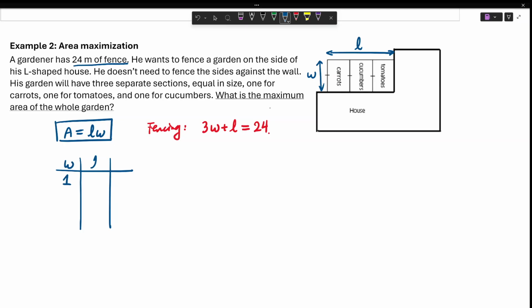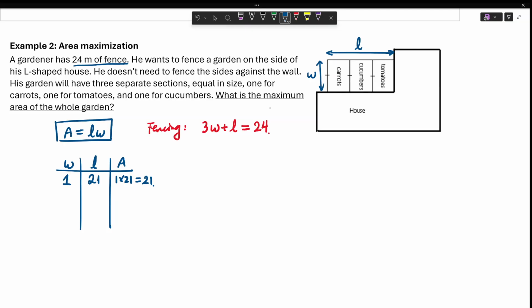How much fencing does that leave for the rest of the garden? Well, you're going to take out three widths, which is 3 meters. So 24 meters minus 3 is 21 meters for the length. Then the area would be 1 times 21, which is 21.